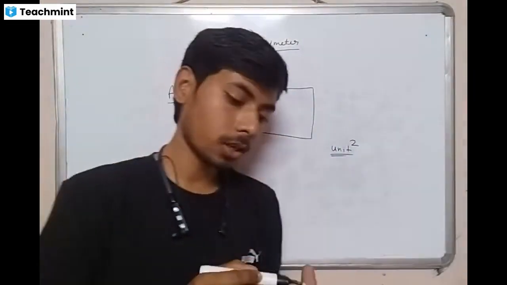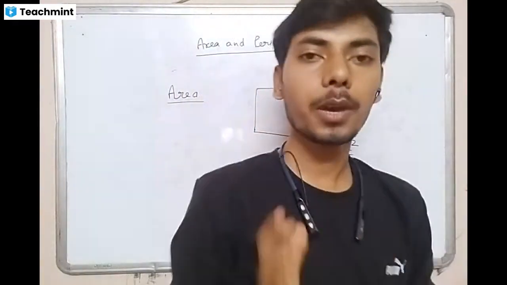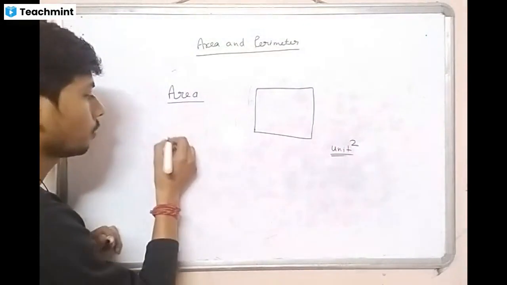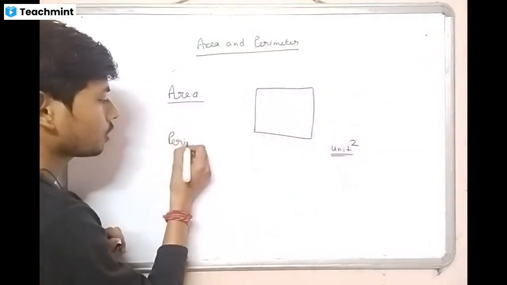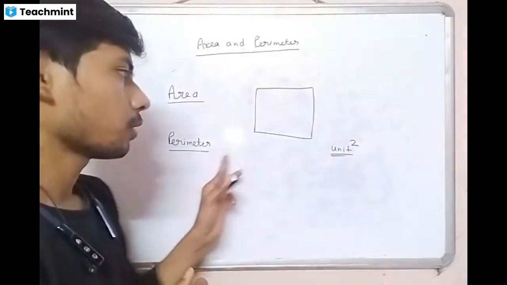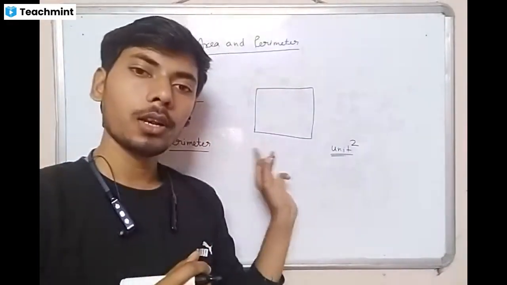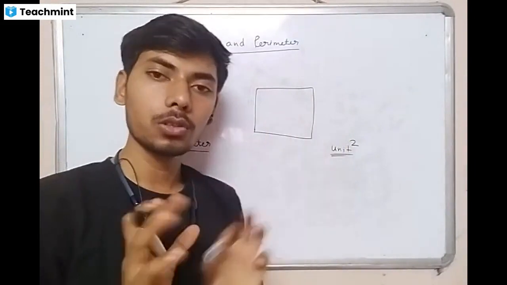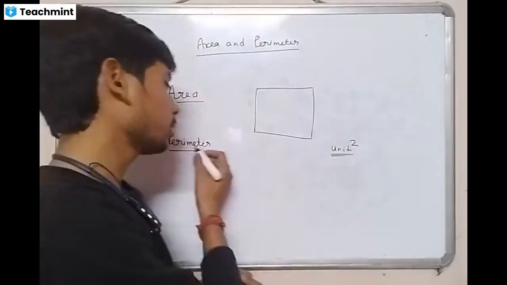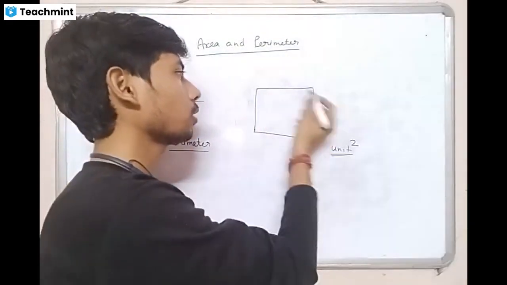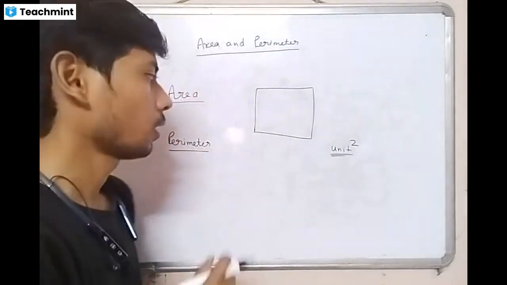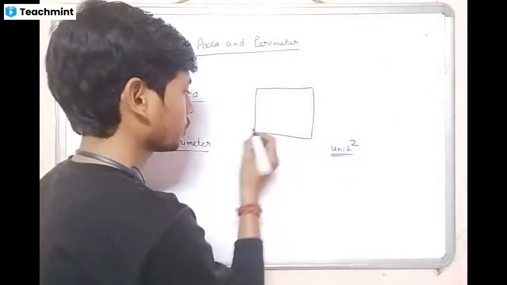Now, let us understand perimeter. What is perimeter? Many of you know what is perimeter. The total length of the boundary is known as the perimeter. In very simple words, the perimeter is the sum of all lengths of the boundaries.